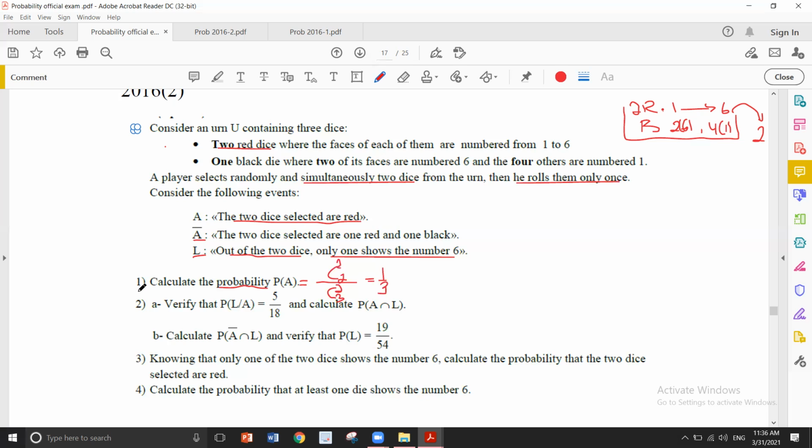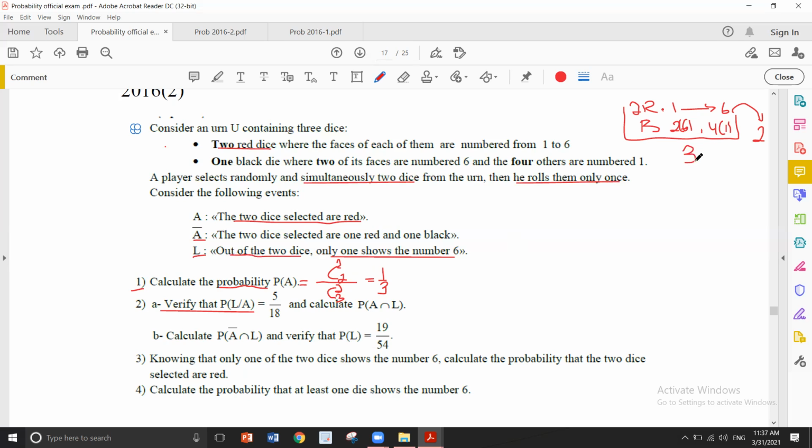Any questions about part 1? Girls, boys? Any question? No. To part L given A. What is the total number of dice? 3 dice.